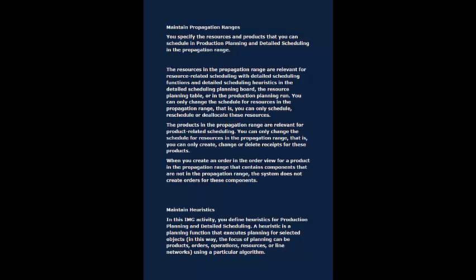And you can specify resource and products that you can work with in production planning, detail scheduling in the propagation range. The resource in propagation range are relevant for resource related scheduling, and the product in the propagation range are relevant for product related scheduling.